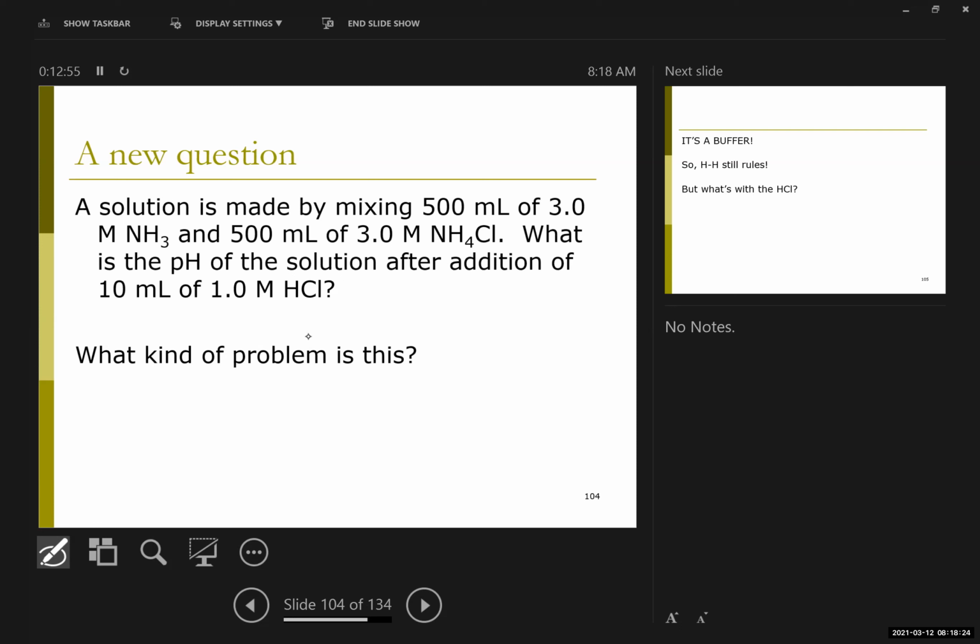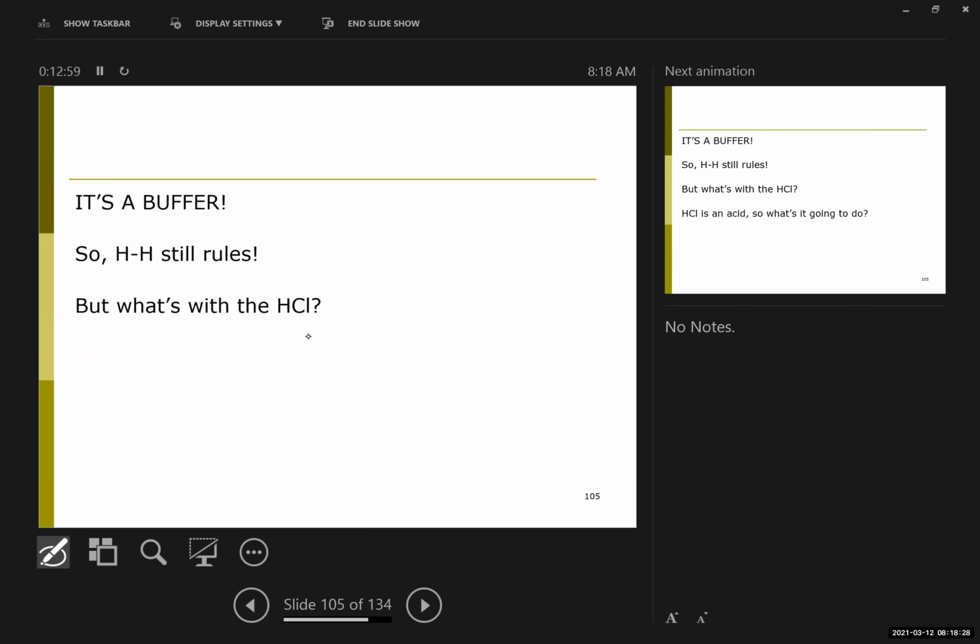Because if it's a buffer, presumably that's what I want it to do. Now, in this case, I intentionally added the HCl almost as a test of the buffer. In practice, whatever I'm using it for must have an acid in it. And so this is where my emphasis on the calculation time frame versus the laboratory time frame is important.